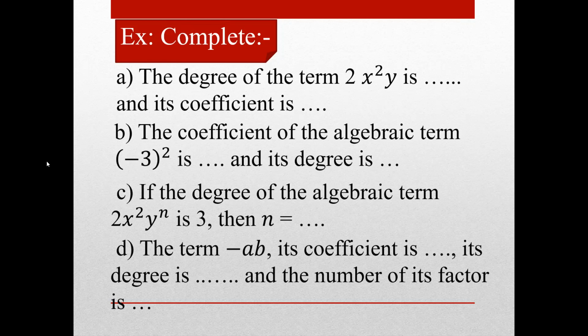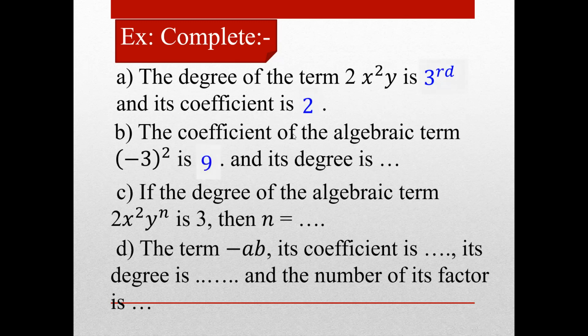The degree of the term will be the sum of powers of its algebraic factors. x with the second power, y with the first power. So 2 plus 1 equals 3. So the term is of the third degree. And its coefficient, the numerical factor, is 2.